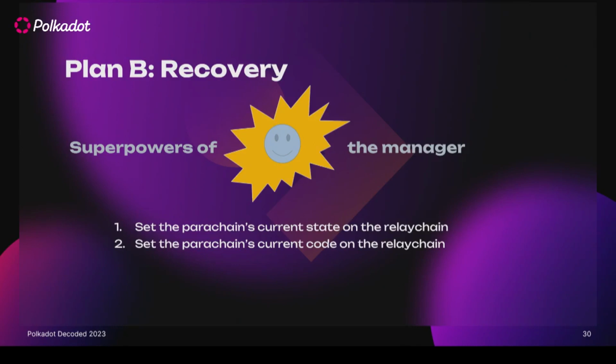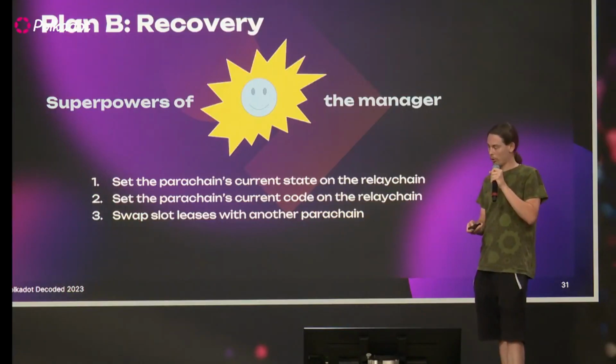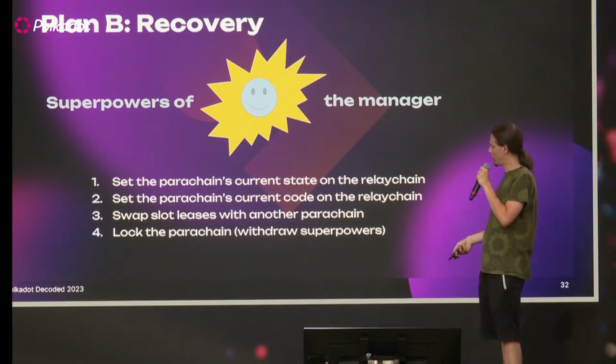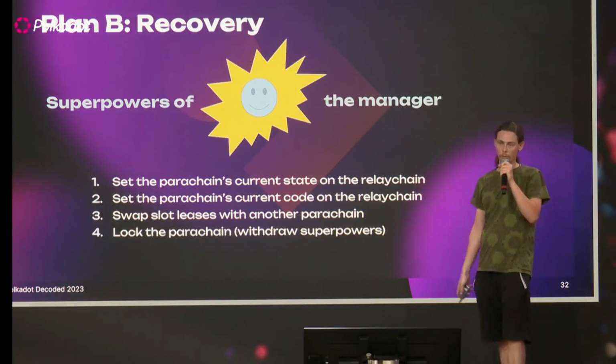At this point I can tell you the manager can do anything with the parachain, because he can specify the state, and he can specify how the state is changed in each state transition. So he can essentially do anything. Then you can swap leases with another parachain, the privilege to produce blocks. And finally, the manager can also withdraw the superpowers from himself.